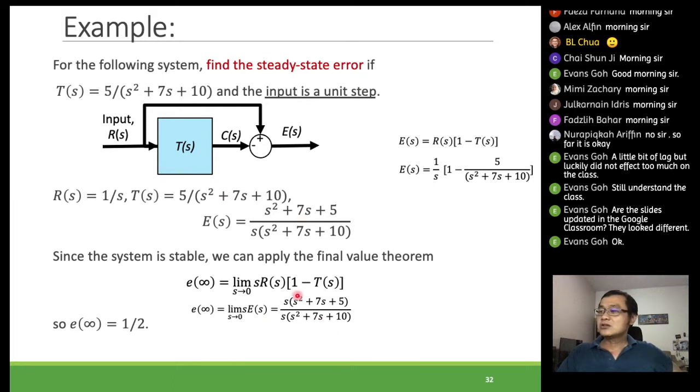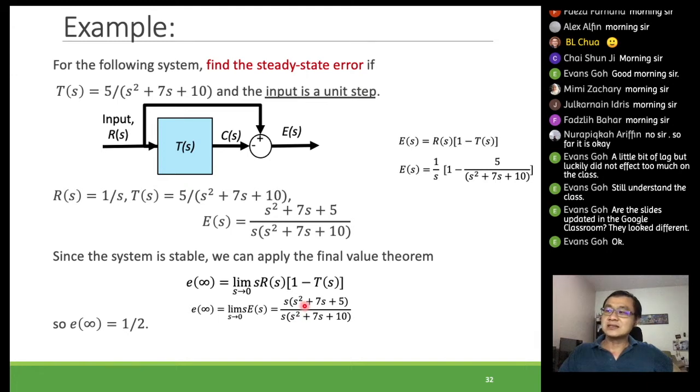So now to evaluate this steady state error, when s approaches 0, meaning we assume s is 0 now, the s cancels out, so these two cancel out, and now it becomes s squared.